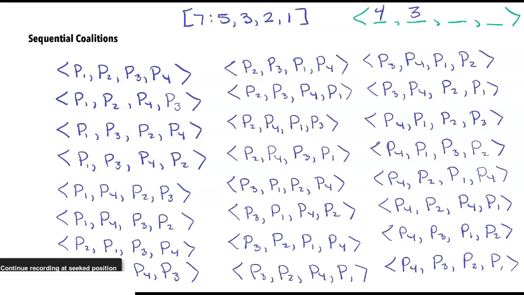Then there are 2 options left for who could come third, and finally there's only 1 option left for who comes last. In order to determine how many total choices we have, we do 4 times 3 times 2 times 1. So in this case, with 4 players, there are 4 factorial, or 24, different sequential coalitions. In general, that means that if we have n players, we have n factorial sequential coalitions.